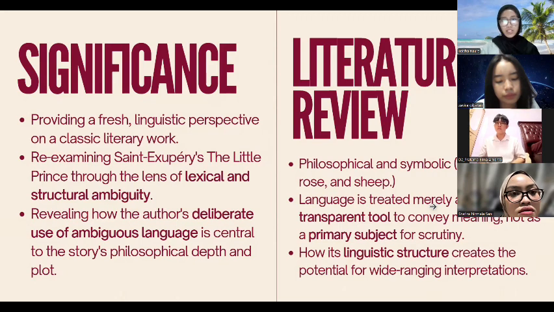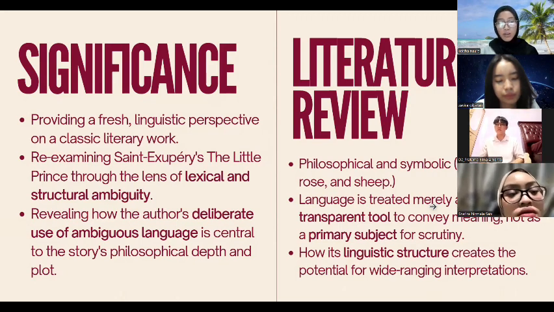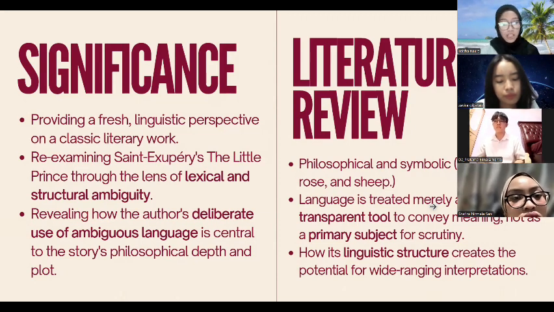Next point is the literature review. First, analyses are predominantly philosophical and symbolic, for example, words like the fox, rose, and sheep, which represent that the essential is invisible to the eye.